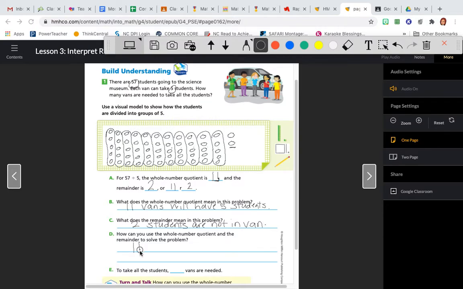So I could say 11 vans and add 1 more van, because we still are going to have 1 more van to take those 2 students. So how many vans would I need? 12 are going to be needed. So this part right here, letter D, this is where we're interpreting the remainder to help us solve this problem. So let's continue on page 143 and let's try it again a different way.